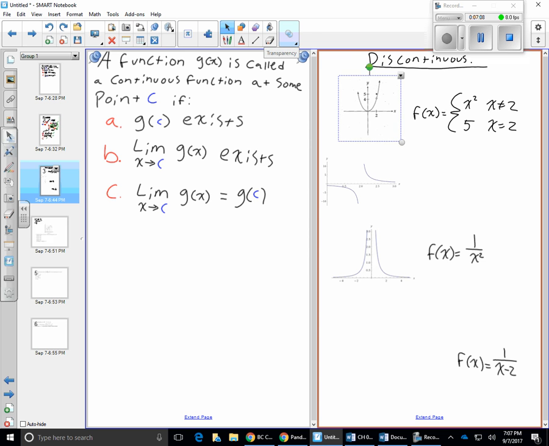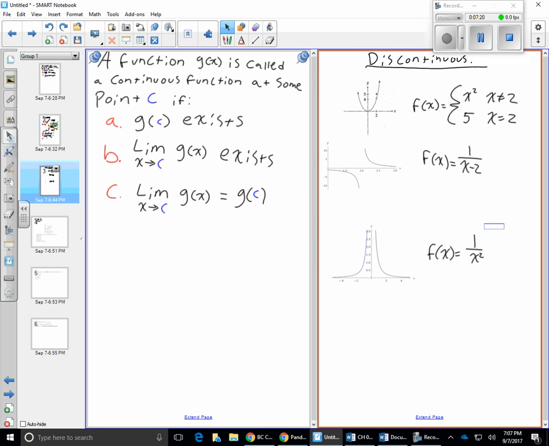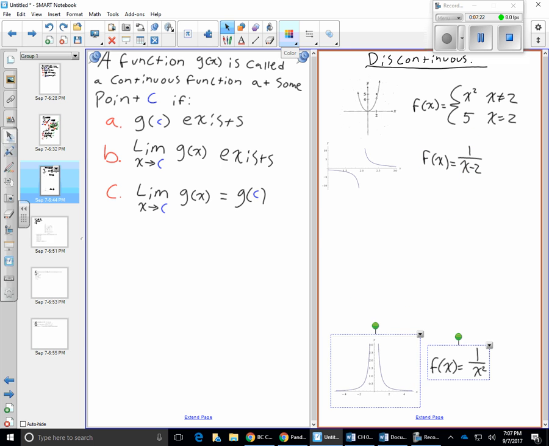All right. Next, let's bring this function up, this function in the middle. F of x is equal to 1 over x minus 2. So right away you guys might see a problem here.